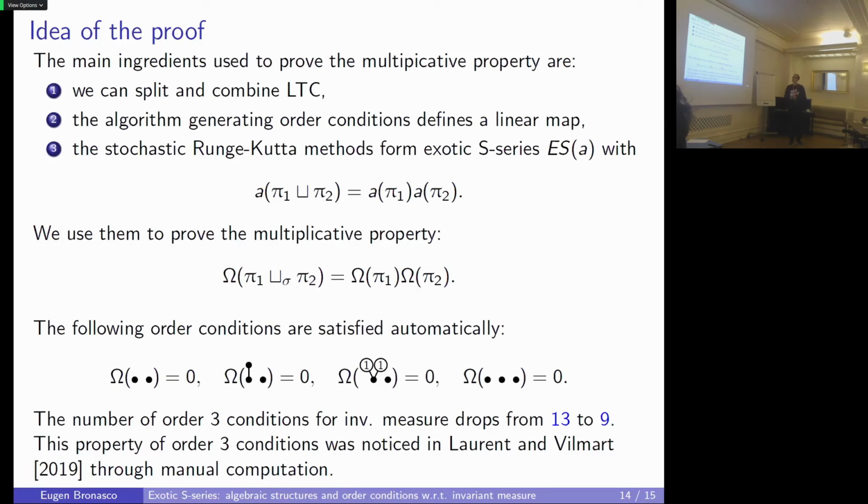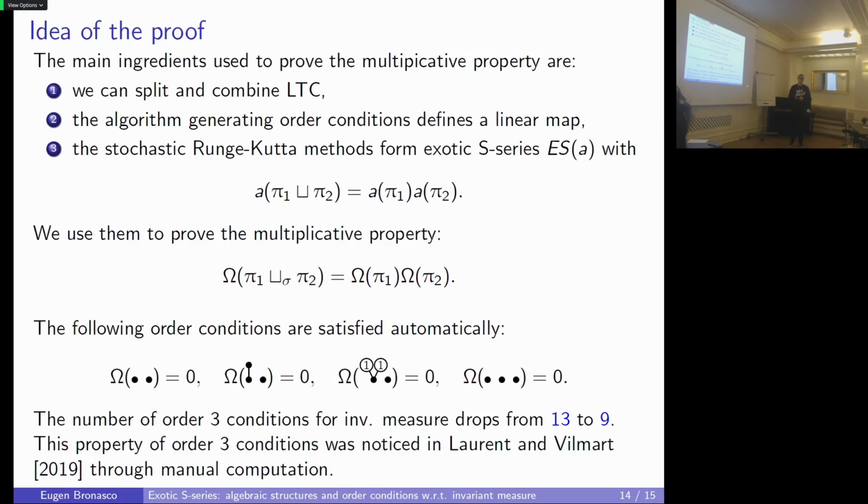Okay, so these LTCs are the main tool that we use. So what we can do is take an LTC of an exotic forest and split it into several LTCs. We can also take several LTCs which are compatible and combine them together. That's the first ingredient in the proof. The second ingredient is the fact that the algorithm defines a linear map, so it's a mathematical object which can be studied.